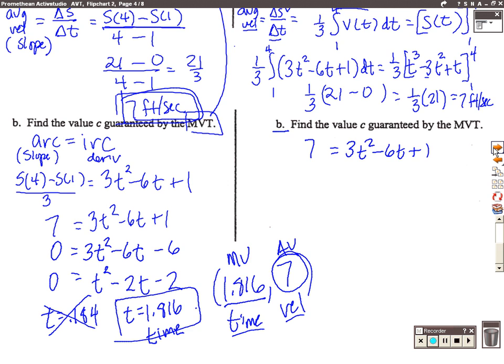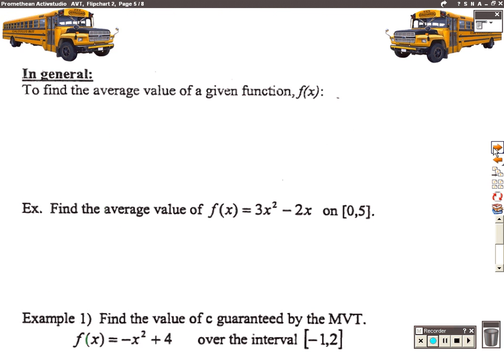So let's summarize this. What the heck are we trying to say here? To find the average value of a function, average of a function, so we're trying to find the average of f of x. Well, an average, when you're averaging grades, you have to divide.